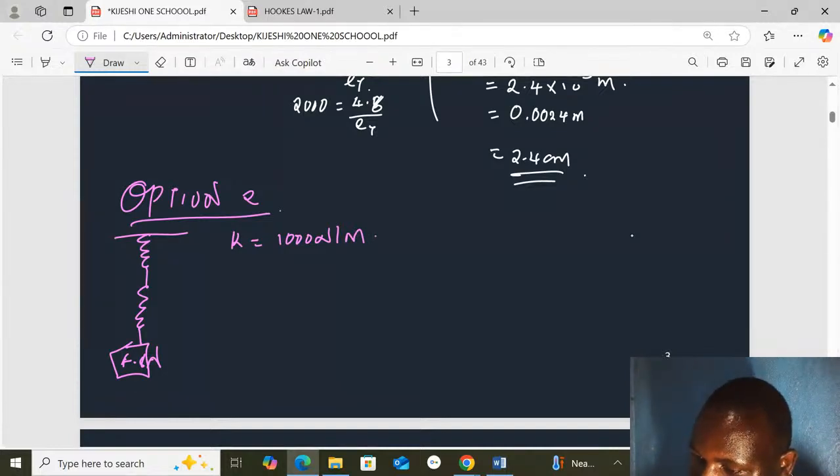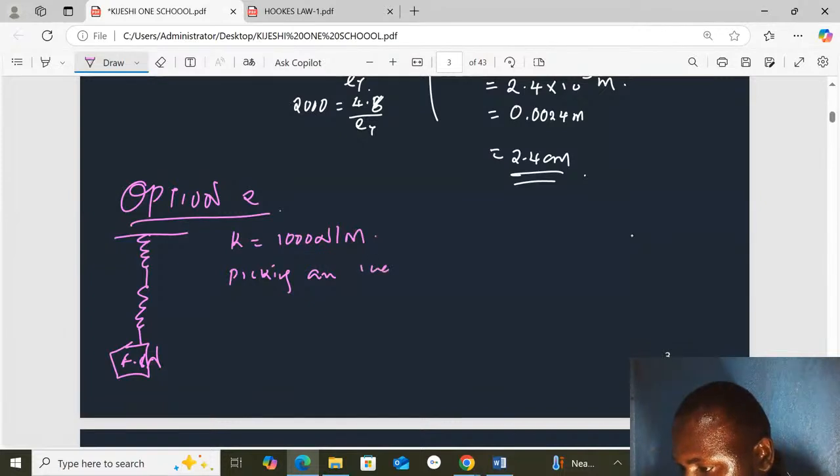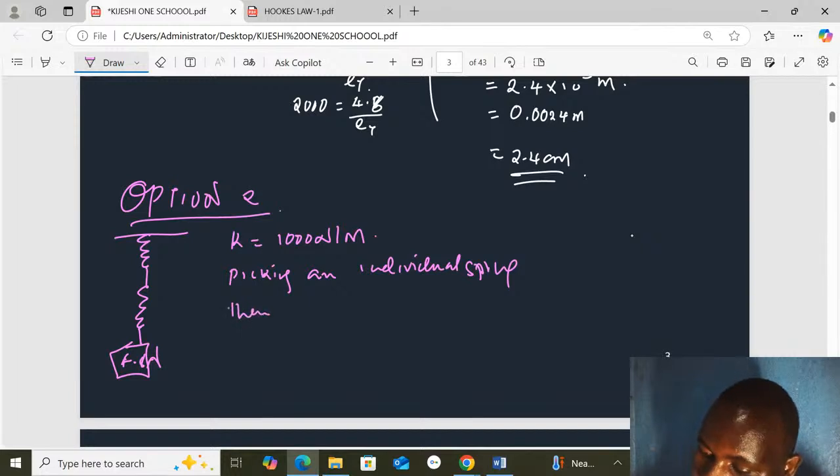Then we say, picking an individual spring, K will be given by force over extension.